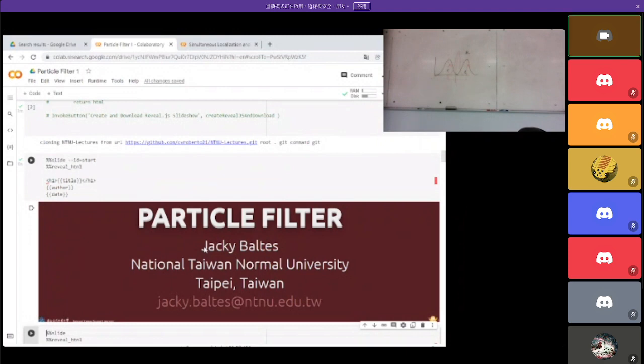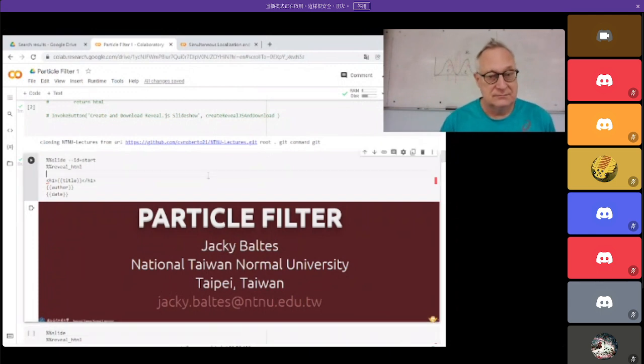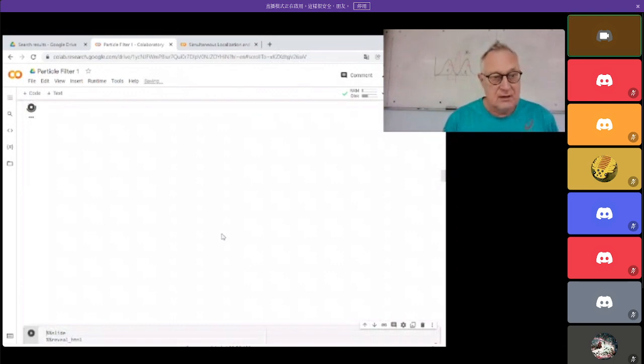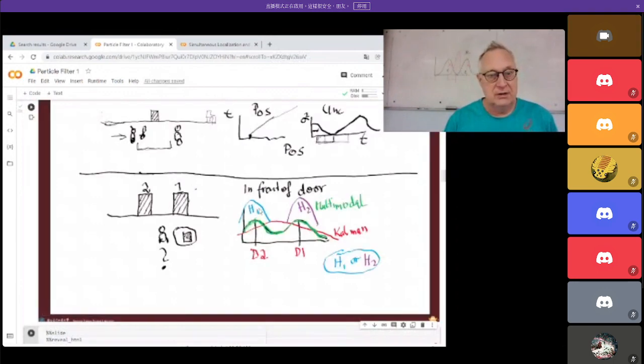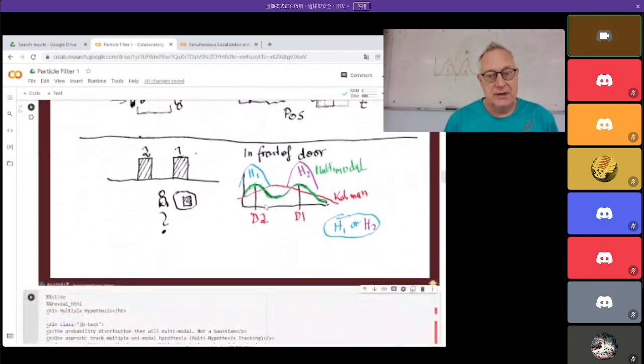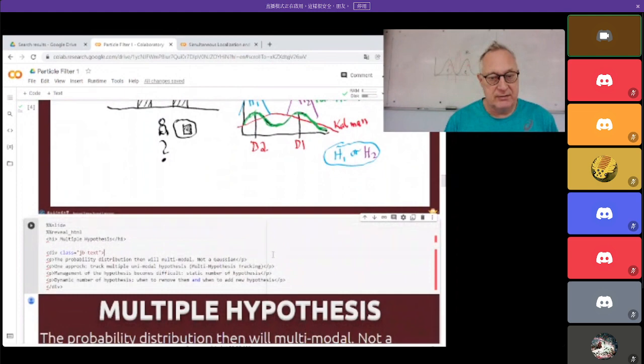Now, particle filters don't actually do any discretization. We'll see how they work in a second. So they're similar to Kalman filters. You want to be able to track multiple hypotheses.